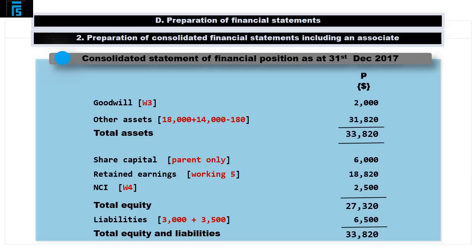Group liabilities are the sum of the relevant P and S numbers, coming in at €6,500, which brings the balance of consolidated equity and liabilities to €33,820.